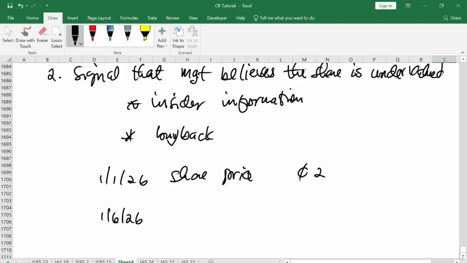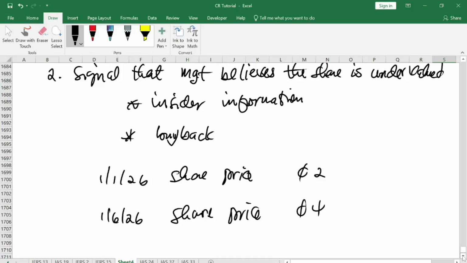So what do you think the share price will be? For now, the unit price of the share is 2 cedis, but they believe that in the near future, which is 6 months, the share price will shoot from 2 cedis to 4 cedis. So at the current price, they see that the share is undervalued.